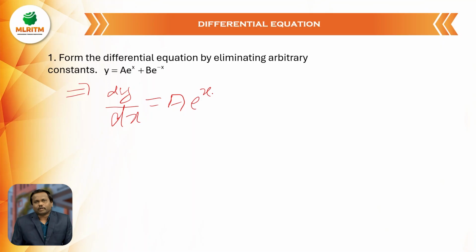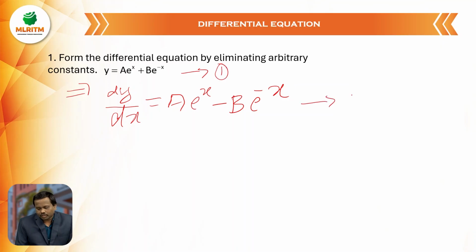The derivative of e power minus x is minus e power minus x, so minus b e power minus x. So call the given equation number 1, and this is equation number 2. Now our aim is to eliminate the arbitrary constants.